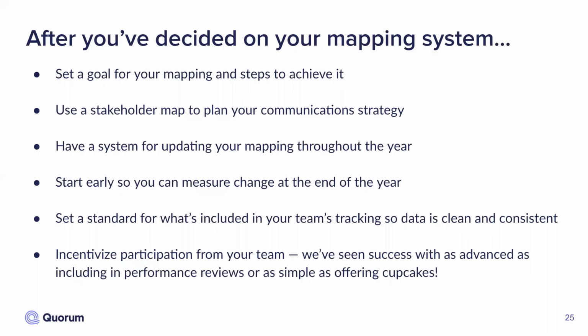So the first thing that I'll see is after you've come up with your mapping system, you can set a goal for your mapping steps and build the steps for achieving that goal. So if your goal is, for example, to grow the list of your top tier stakeholders, your champions, then you can focus on the folks in the middle and try to move those folks from neutral to champions.